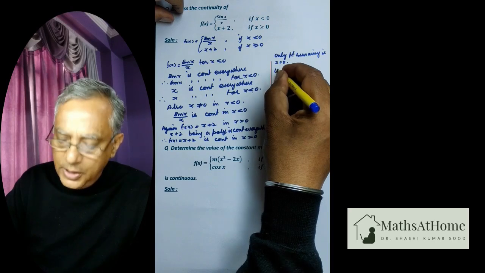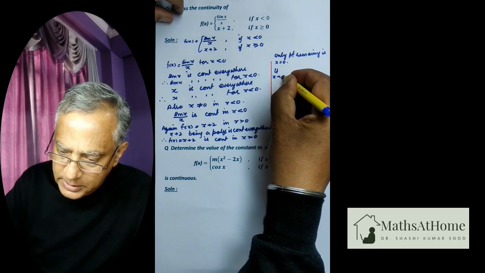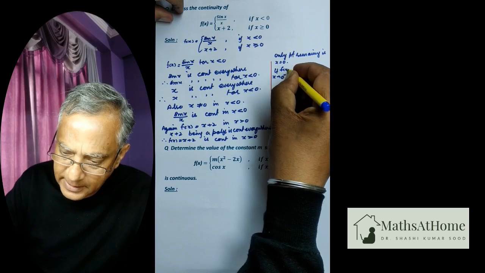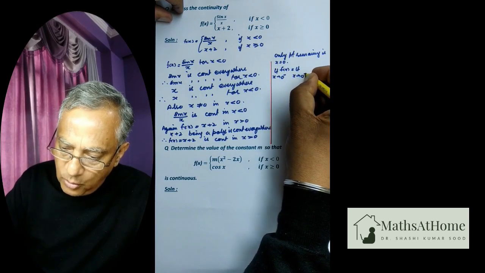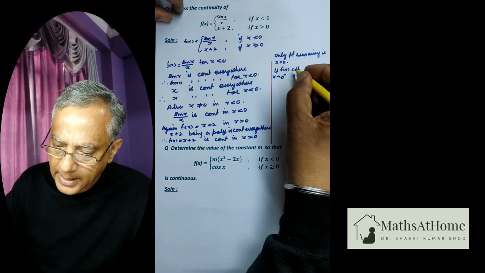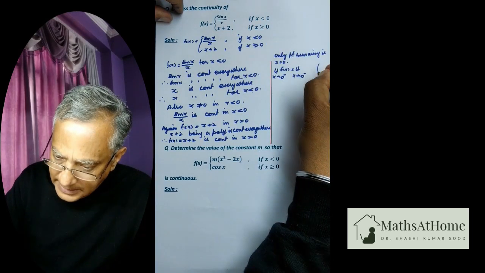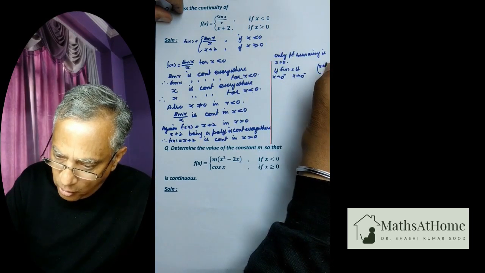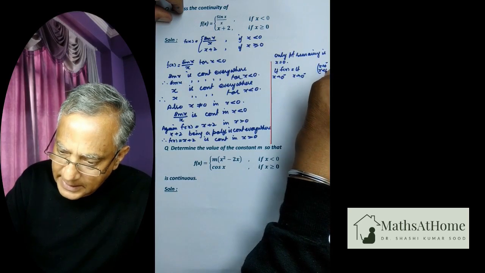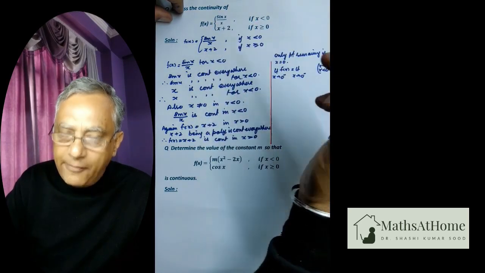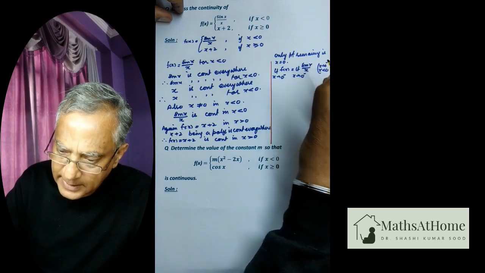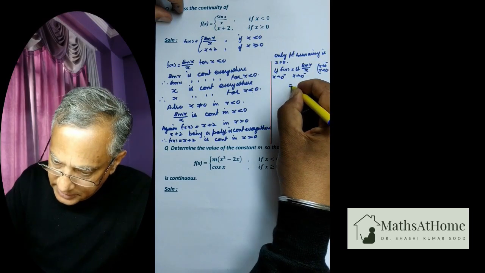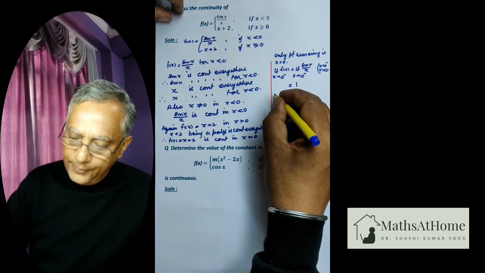Now at x equal to 0, limit as x approaches 0 from the negative side of f(x): as x approaches 0 from the negative side, x is less than 0, so this definition will be used. We will have sin x over x, and this is equal to 1.